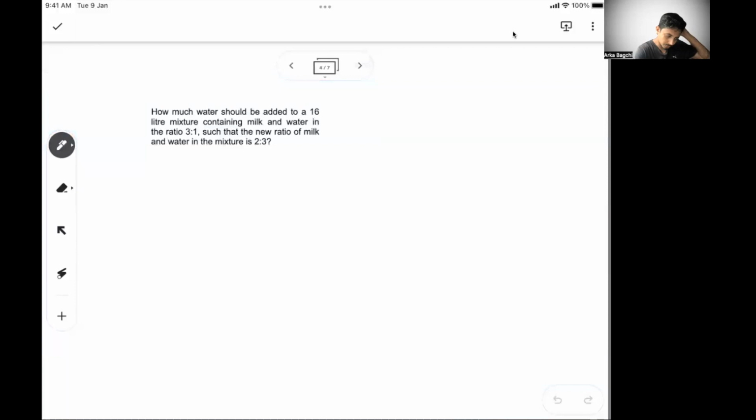They said how much water should be added to the 16-liter mixture containing milk and water in the ratio 3:1, so that the new ratio becomes 2:3.